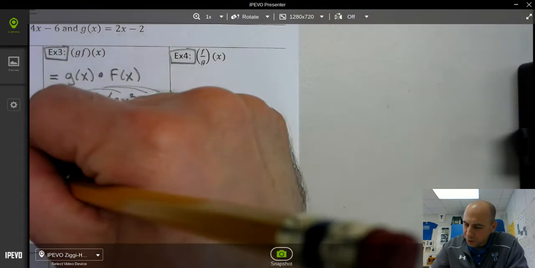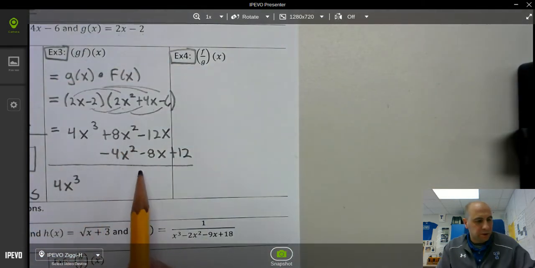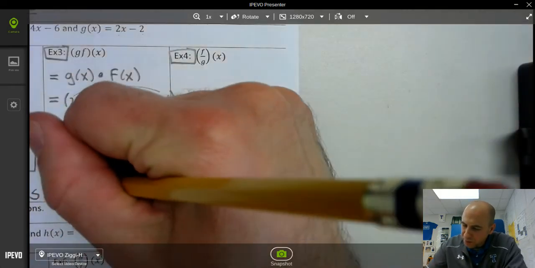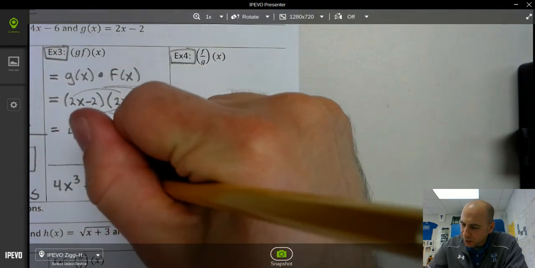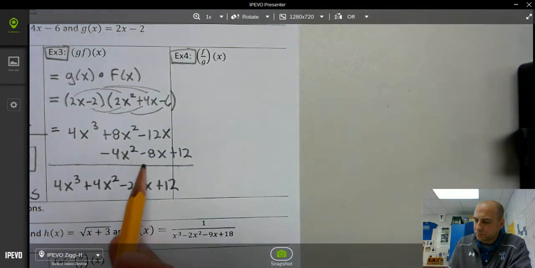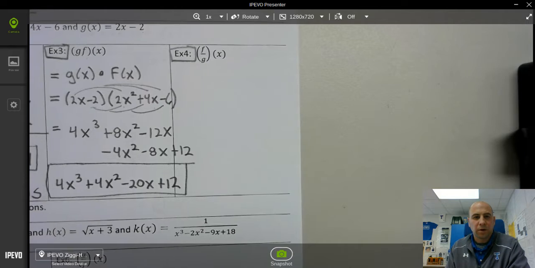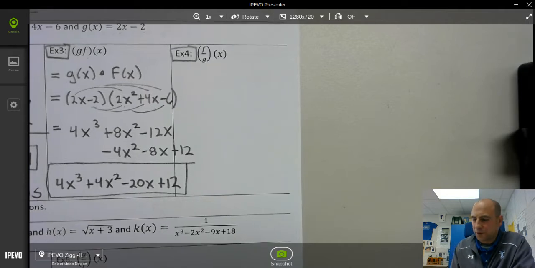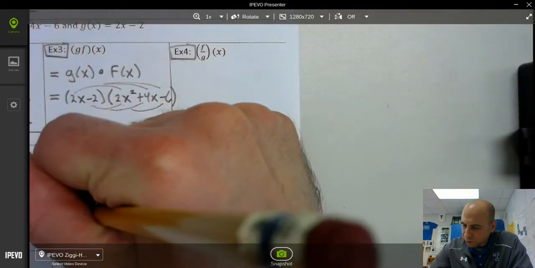Okay, so you get 4x cubed, 8x squared minus 4x squared is a positive 4x squared. Negative 12x and negative 8x is a negative 20x plus 12. All right, pause for a few seconds and update example 3. Since example 3 doesn't have a denominator and no square root, there are no restrictions.